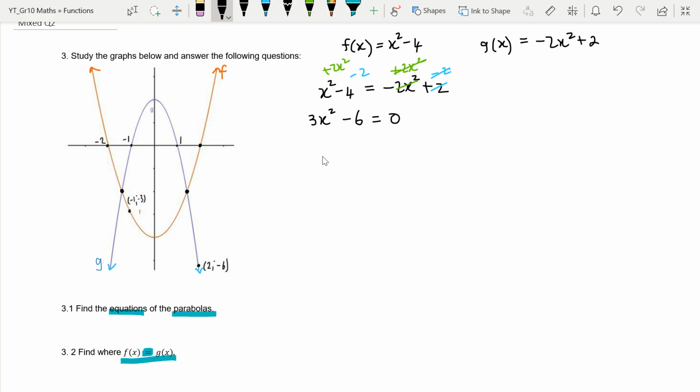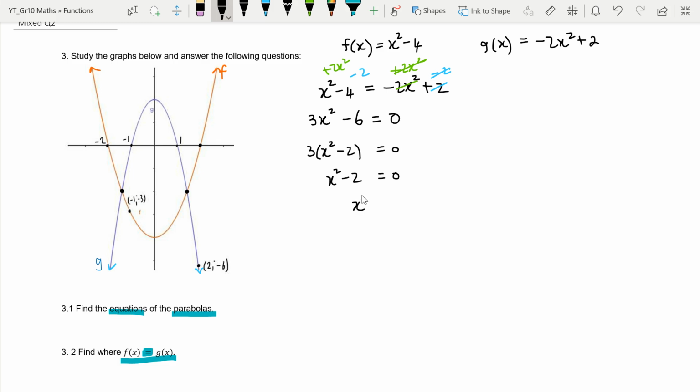Now, what am I going to do? Am I going to take out a common factor of 3? And then I've got x squared minus 2, like that. And then I can divide both sides by 3. I divide the left by 3, then I'm left with that. And if I divide the right-hand side by 3, 0 divided by 3 is still 0.